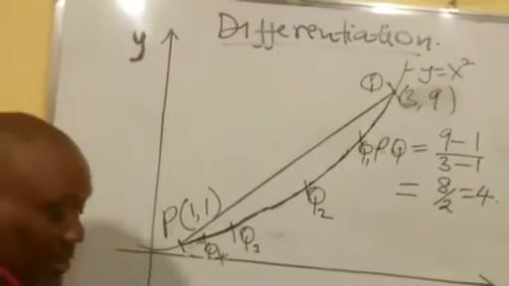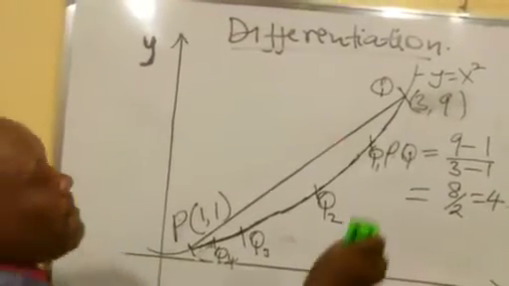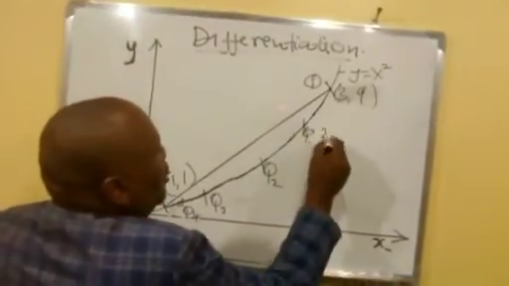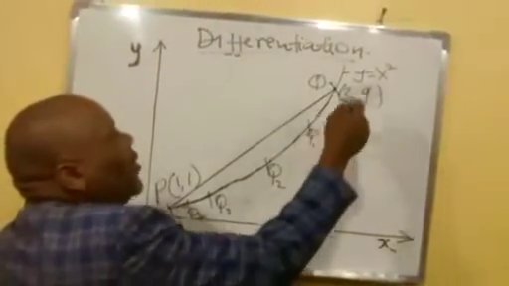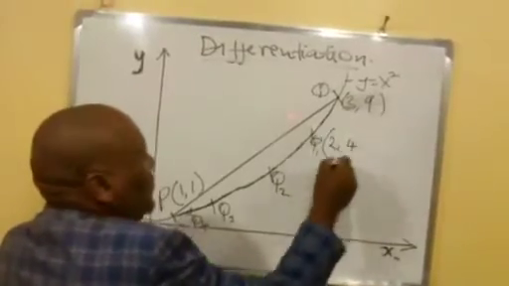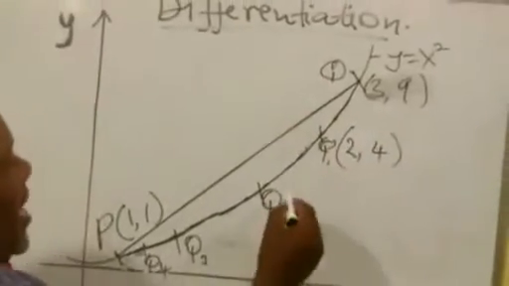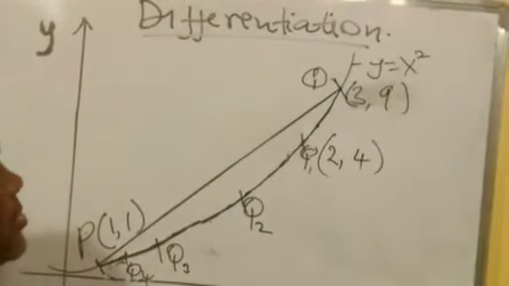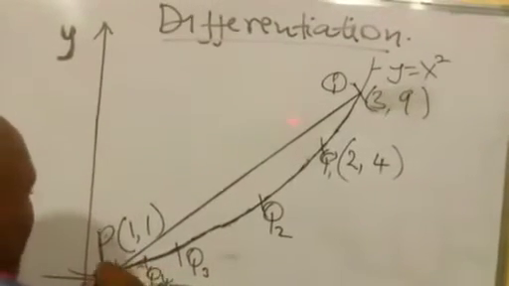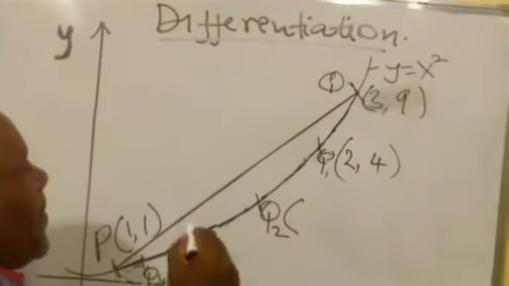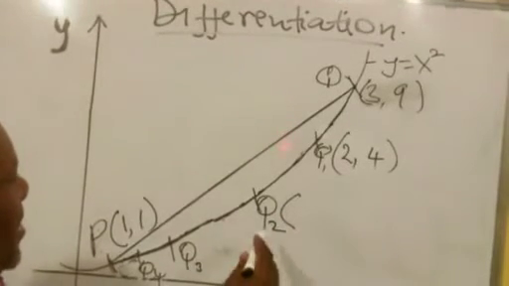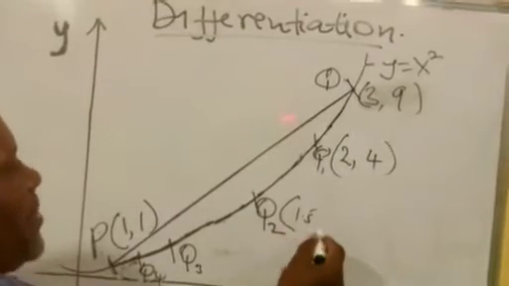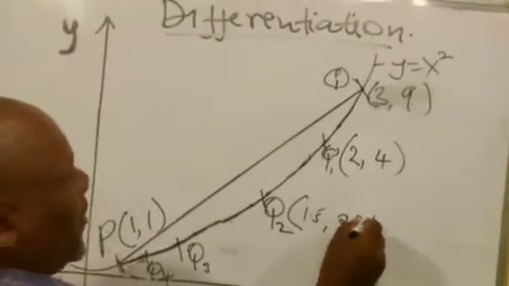So the point Q1 is 2, so the point on the y-axis will be 4. And Q2 is closer to point P, say 1.5, and then this one will be 2.25.